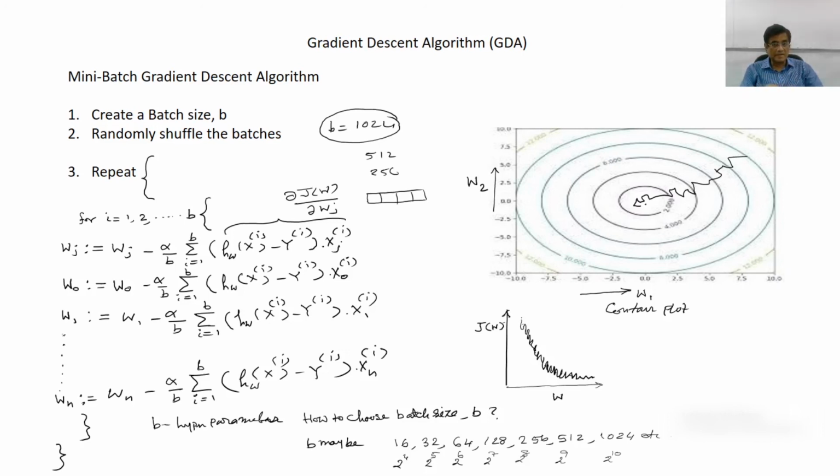Alpha is the learning rate, and there is another hyperparameter, b, the batch size, which you will have to determine as an expert or with some domain knowledge. If you can do that, then the mini batch gradient descent algorithm will really work much better.